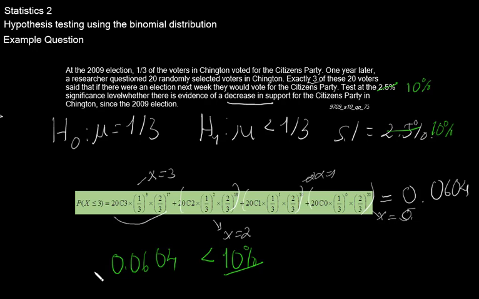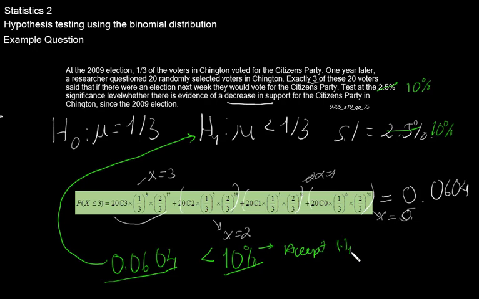So also from the last video, we know that if the probability is smaller than the significance level, we accept the alternative hypothesis, which means now we accept H1, and that there is enough evidence for a decrease in support for the Citizen Party.